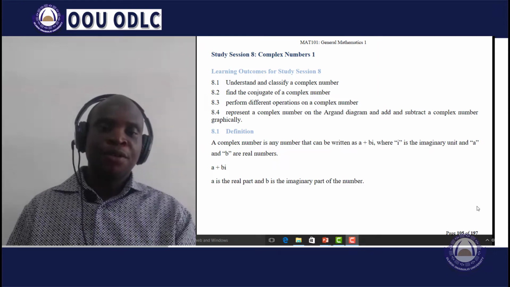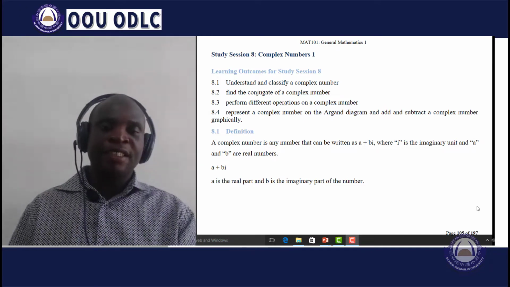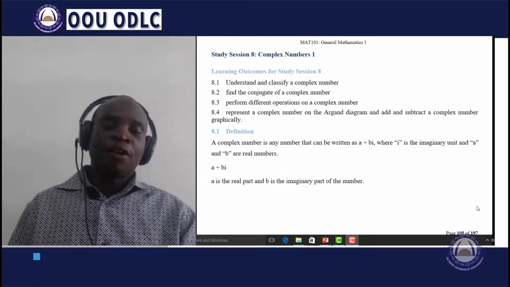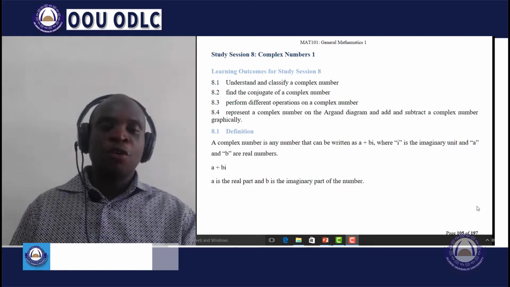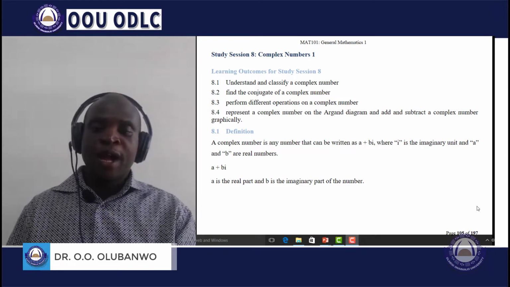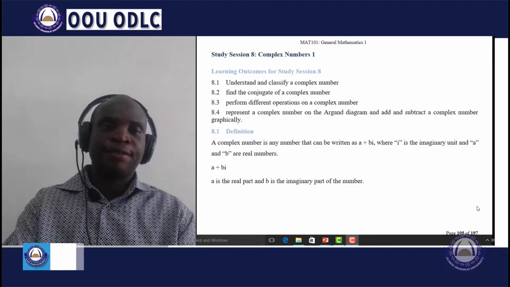For example, if we have a plus bi, a is the real part, then b is the imaginary part of the number. As we have said before, a complex number is an upgrade over real numbers, because in a complex number we have the real part and the imaginary part.